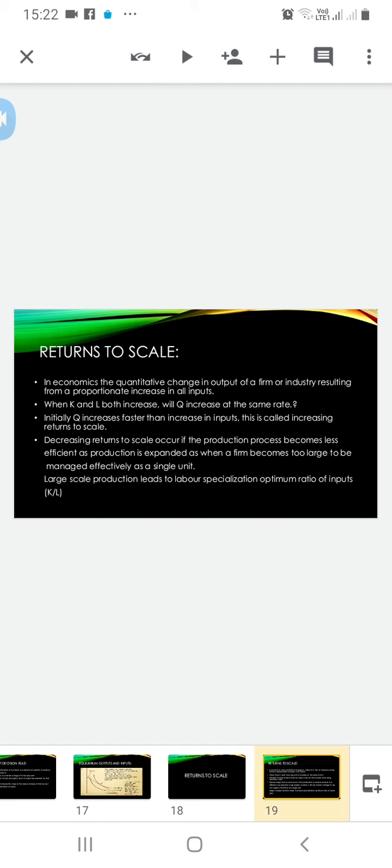When all inputs are increased, returns can be increasing, constant or diminishing. Returns to scale are said to be increasing when a proportionate increase in all inputs results in a more than proportionate increase in output.